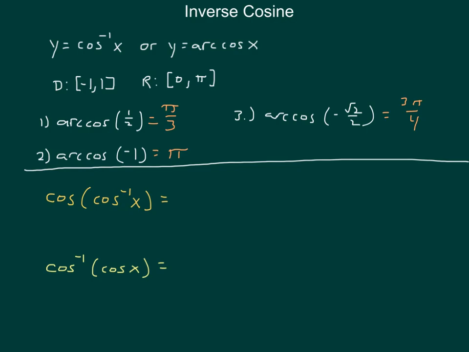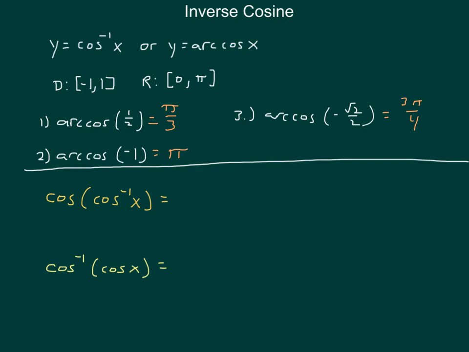Okay. Also, inverse cosine is not an even function and it's not an odd function. So doing things with the negative sign in there is not something that I would advise you to do. I would just leave it alone, because if you try to change that negative sign, it will give you a wrong answer.